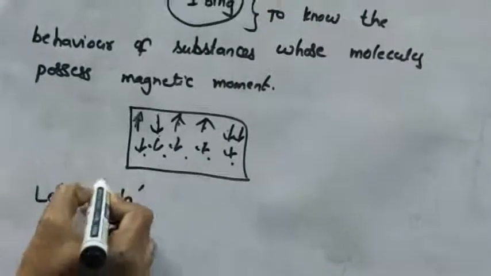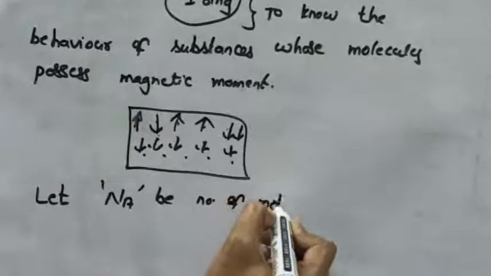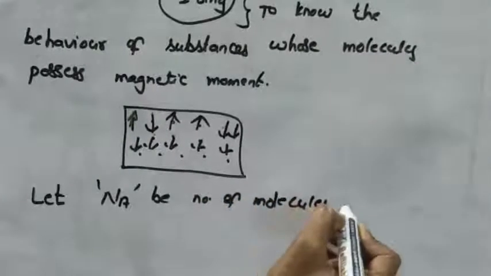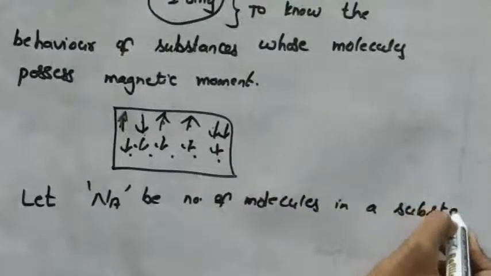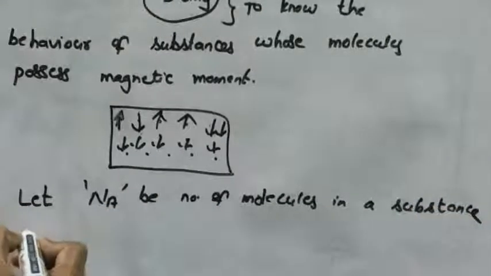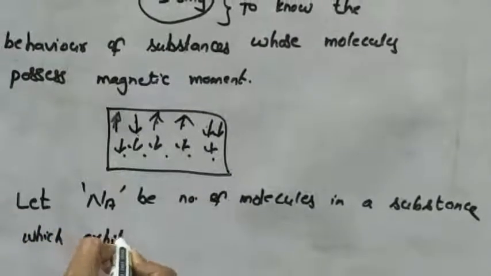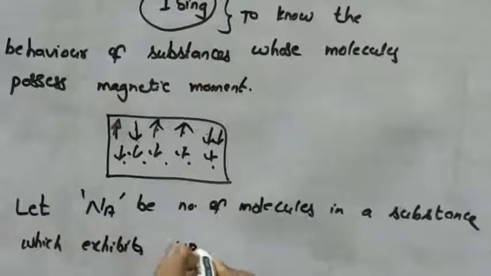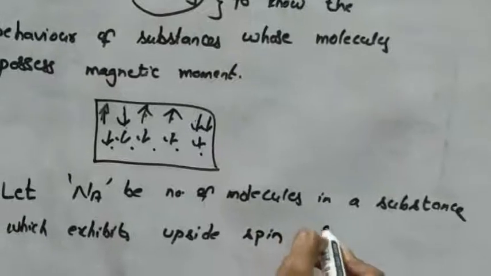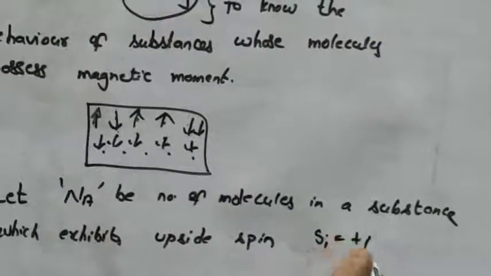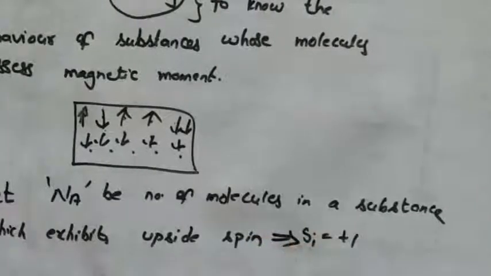Let Na be the number of molecules in a substance which exhibit upside spin, and the upside spin is denoted by Si is equal to +1.